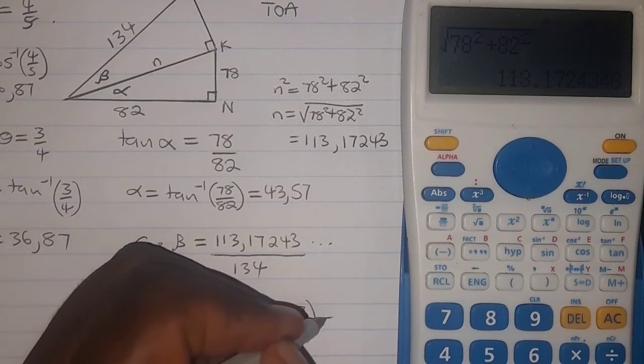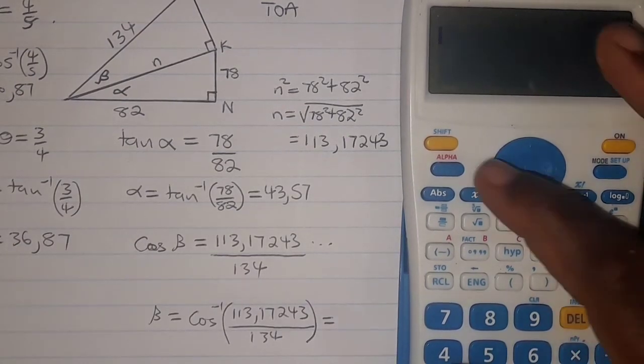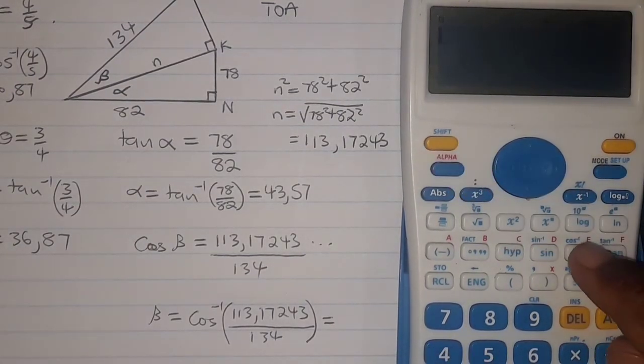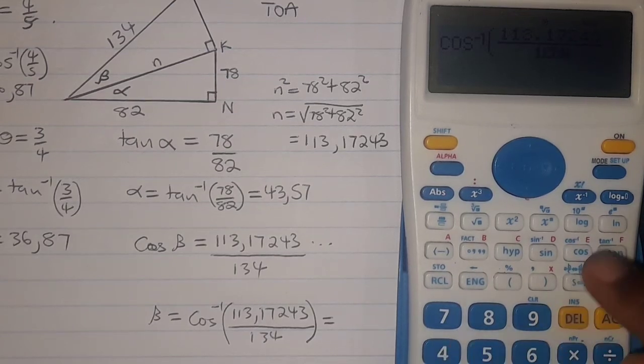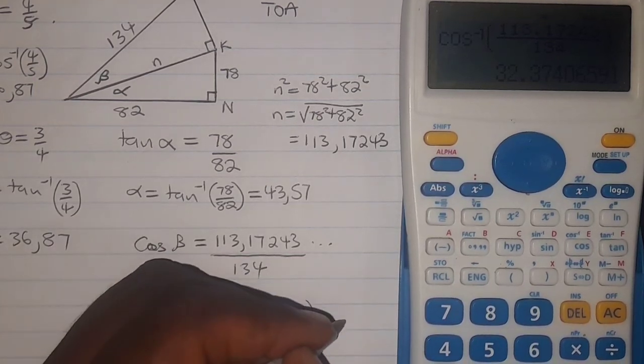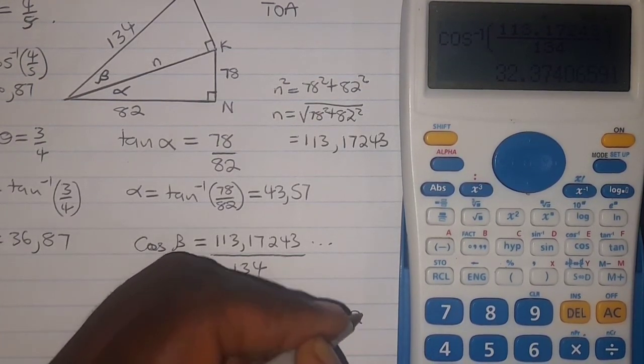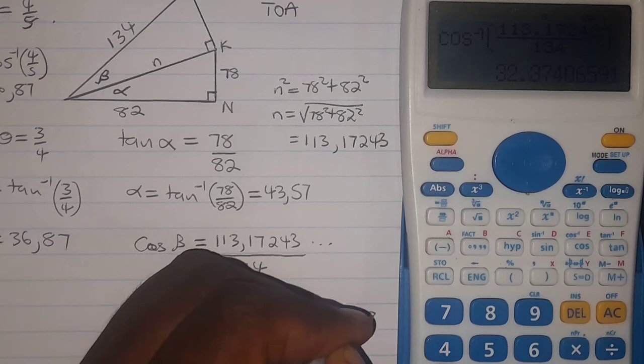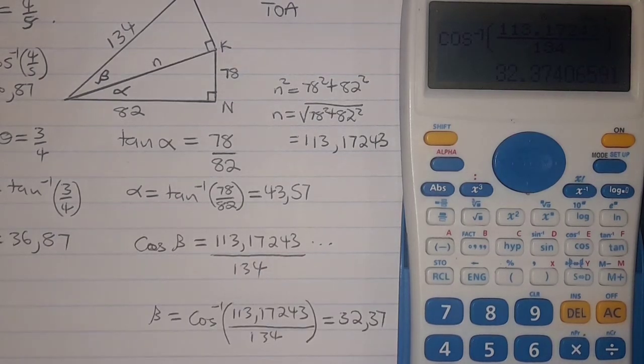This is equal to, on your calculator, shift cos 113.17243 all over 134. Close the bracket, and we have that's 32.37 units.